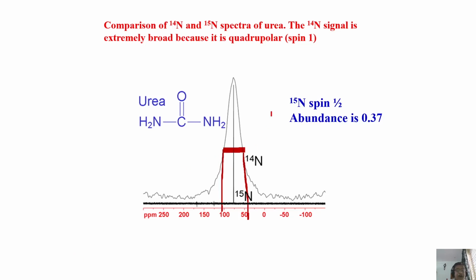N14 is really broad because of the quadrupolar nature of the spin. N14 is spin 1. Whereas the central peak is N15. N15 is a spin-half nucleus, and that is why you are getting a sharp peak. See, compare N14 spectra with N15 spectra. N14 is many, many orders of magnitude broader than the N15 spectrum. This happens actually.